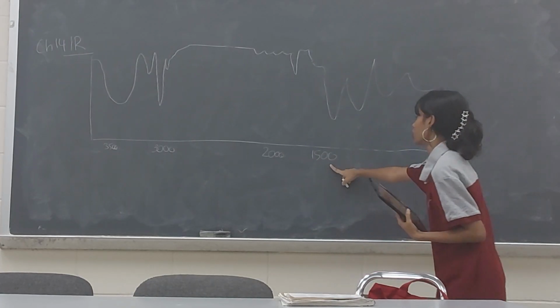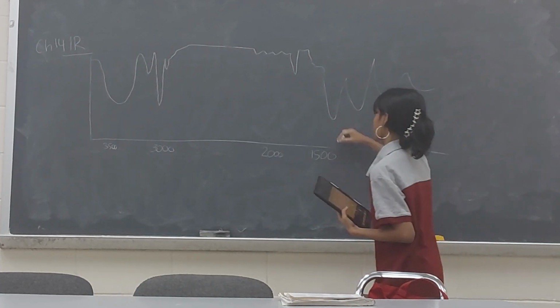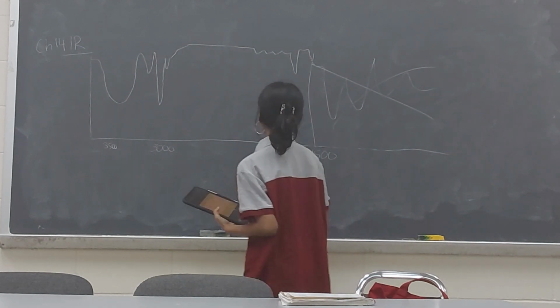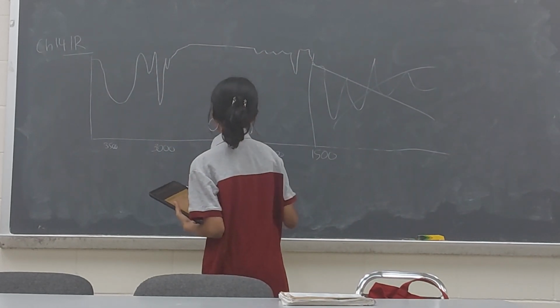And then anything below 1500 you can ignore. We'll just cross that out. And then we'll focus on this part, this chunk.